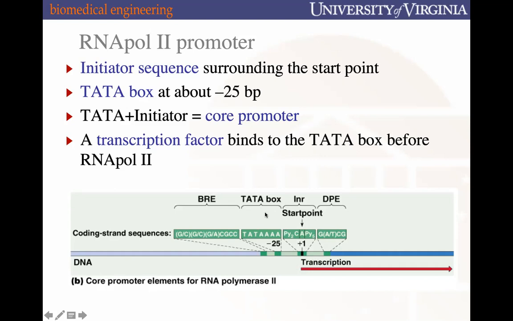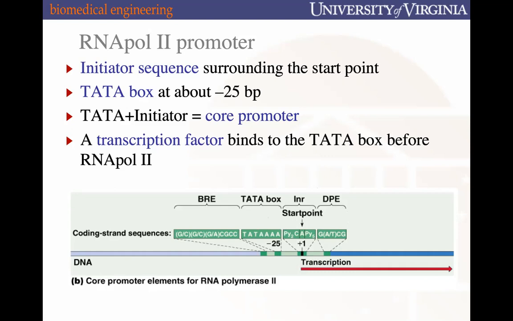Both the TATA box and this initiator sequence make up what we call the core promoter. We also have the B recognition elements upstream and the downstream promoter elements. Those are less important, and as you can tell, are much longer and have a little more variability. But the main part that I want you to take note of is the core promoter, made up of the TATA box and the initiator sequence.